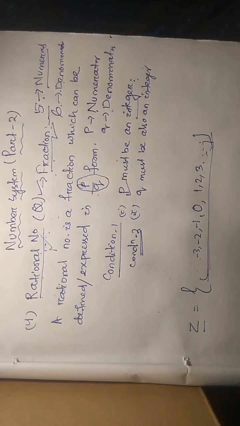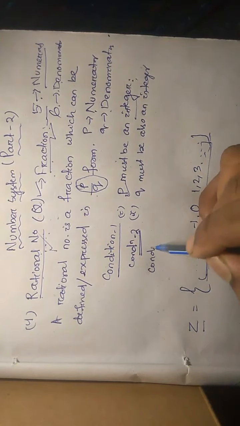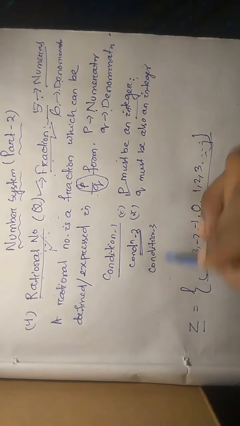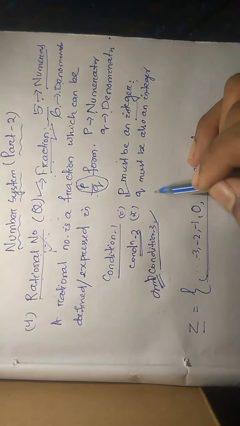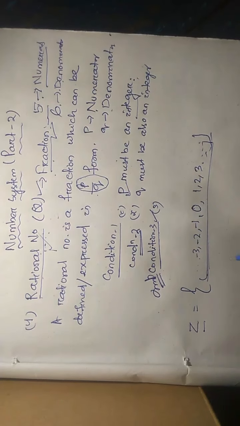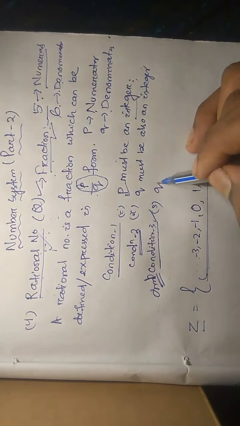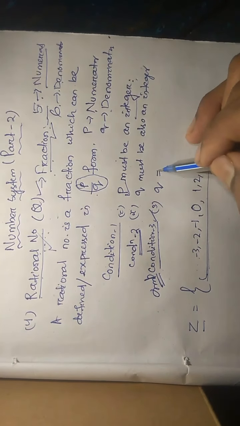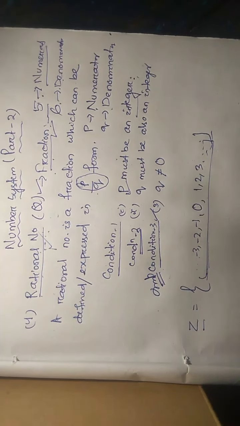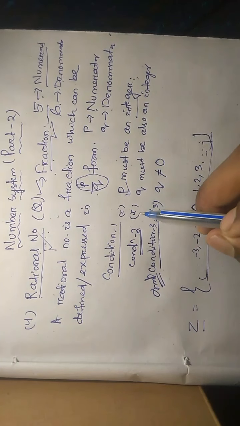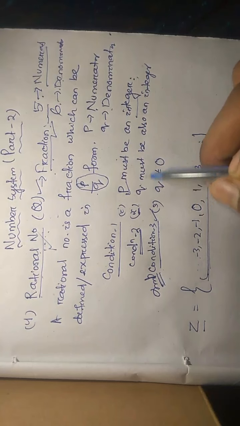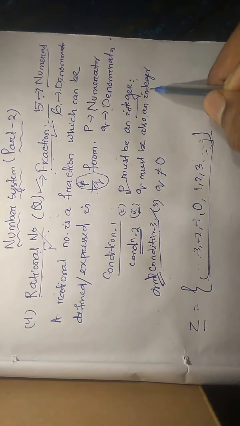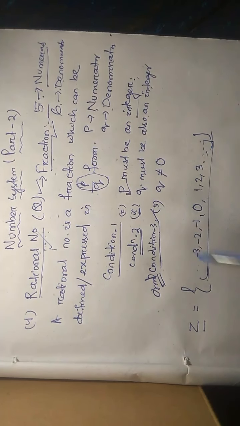But coming to the third condition, that is condition 3, which is the most important condition of a rational number. What is that condition? The condition tells us that Q, that means the denominator, can never be 0. Now in condition 2 it told us that Q can be an integer, that means Q can be any number among these numbers.